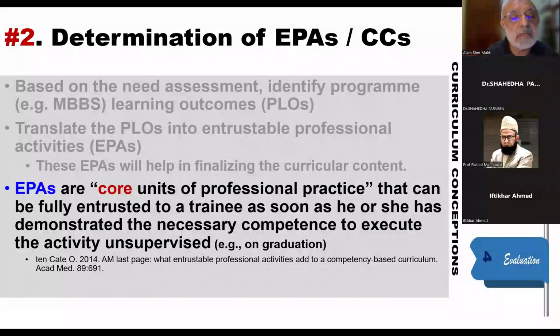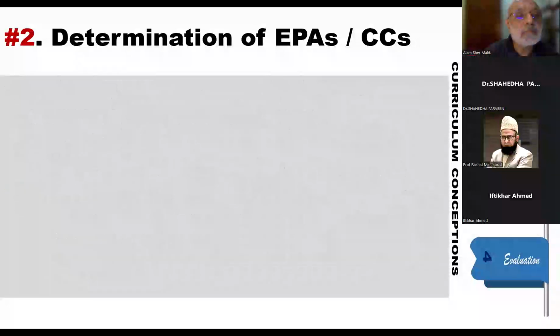And this is a good definition of entrustable professional activities. That means that we can entrust the trainee that they will be able to perform these certain actions unsupervised, because we have trained them accordingly.